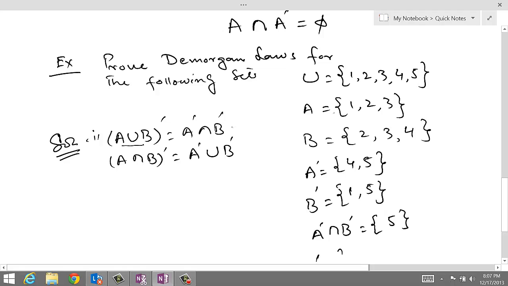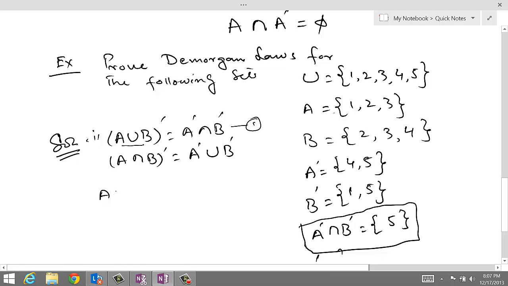So if you take a look at the first De Morgan law, we have calculated the right hand side of the first De Morgan law, which is A complement intersection B complement. Now we are going to find out what is the union of A and B for the left hand side.